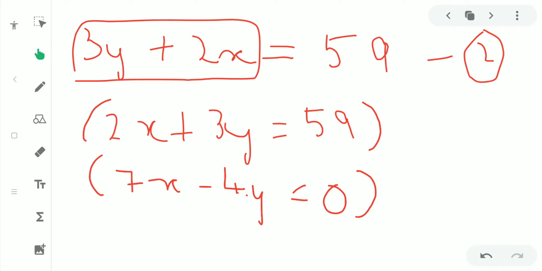Here I want to equate the y coefficients, that is 3y and 4y. So I should multiply the first equation with 4 and the second with 3.